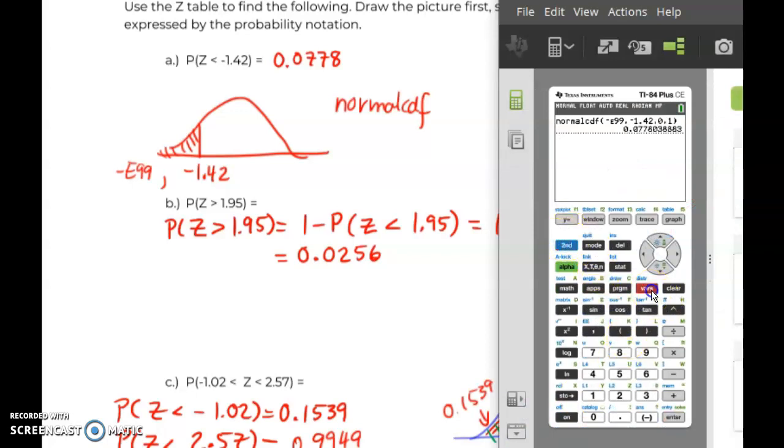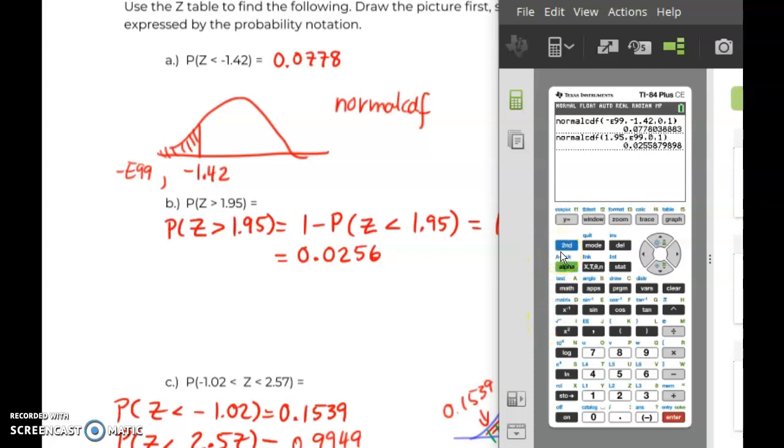So again, going to second vars, normal CDF, we're going to put in 1.95 as our starting value, and then positive E99, again using the second and the comma button, as our upper value, and this is going to give us a probability of 0.0256.